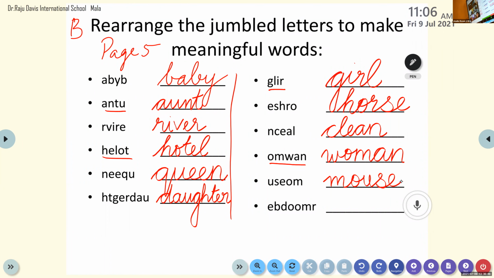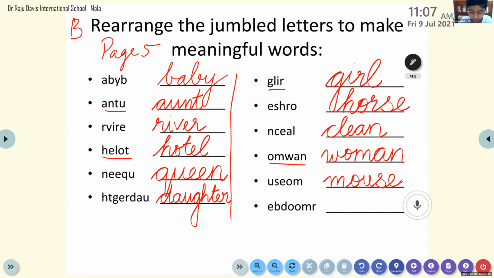Mouse. Yes, Krishna Raj. If all of you have finished with that word, let's move on to the last word of this session, this row.